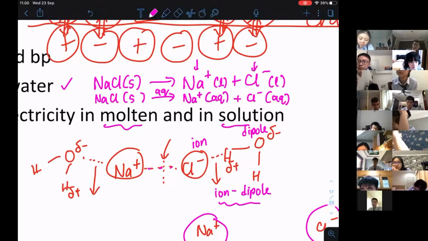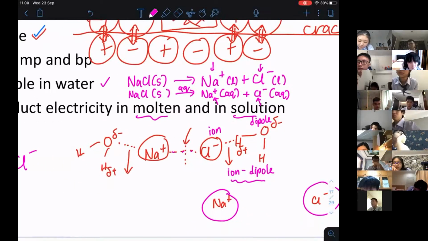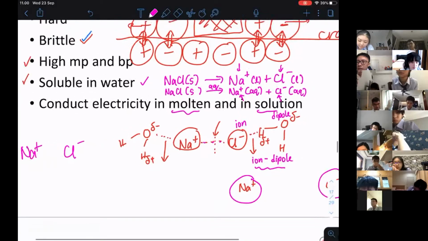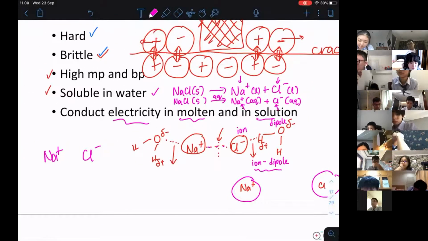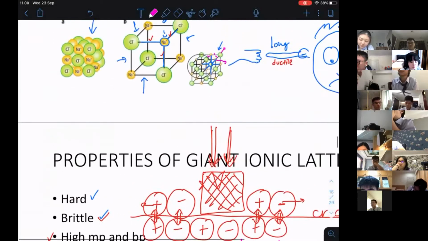When you have free moving ions, they can conduct electricity. That is important. They are not able to conduct electricity under the lattice form, which is NaCl. When they are in solid form, they do not conduct electricity. So take note of that.